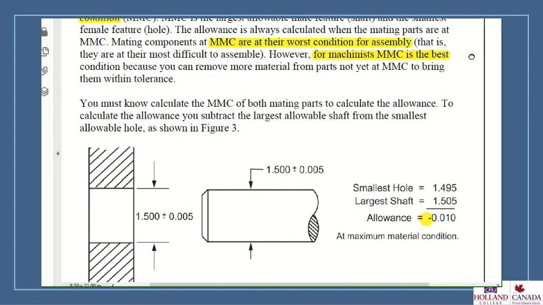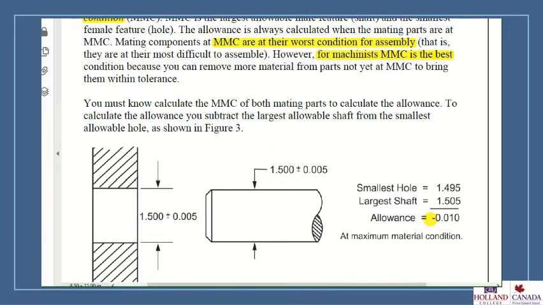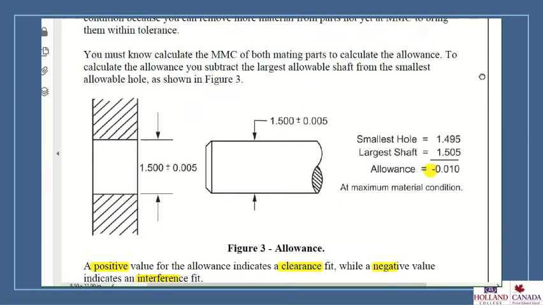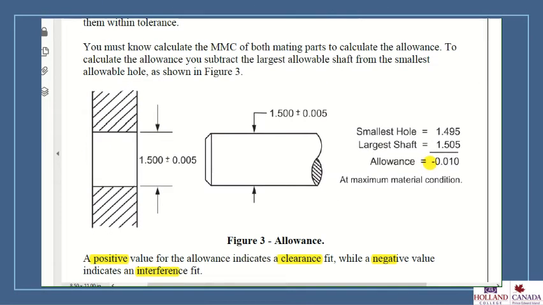However, for machinists, starting out at MMC is the best condition because you can remove more material from parts not yet at MMC, to bring them within tolerance. You must know how to calculate the MMC of both mating parts to calculate the allowance.